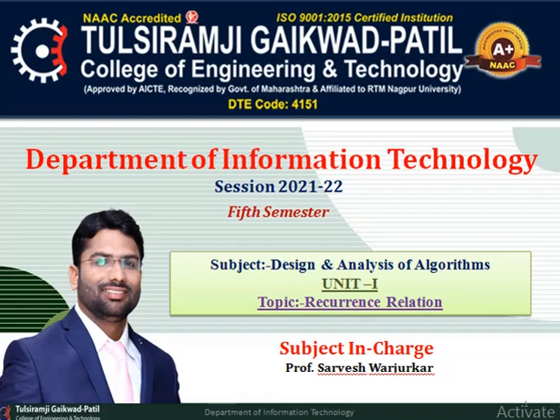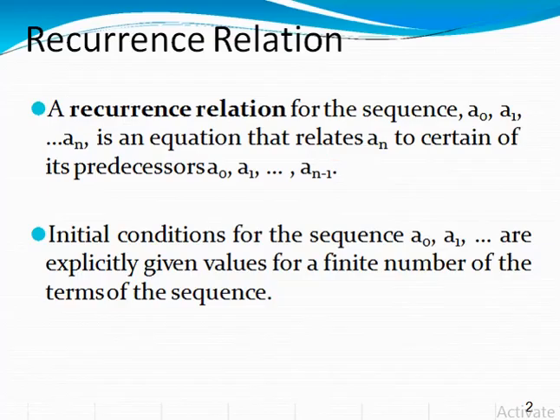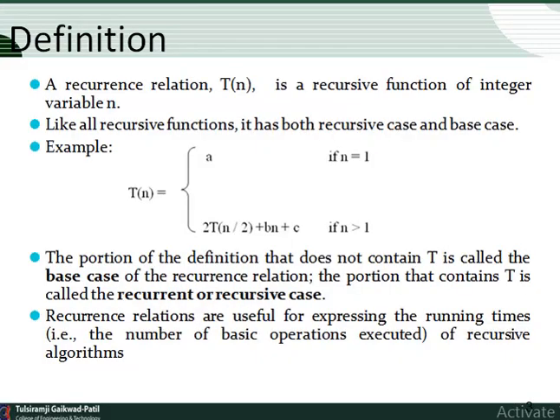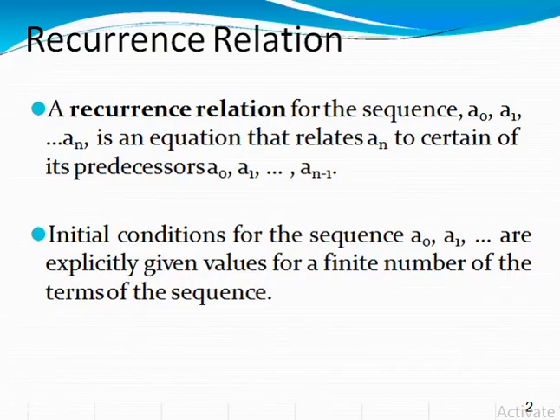In terms of the definition of a recurrence relation, a recurrence relation for the sequence a0, a1, a2, a3, a4 up to an is an equation that relates an to a certain number of all its predecessors, from a0 to an minus 1.